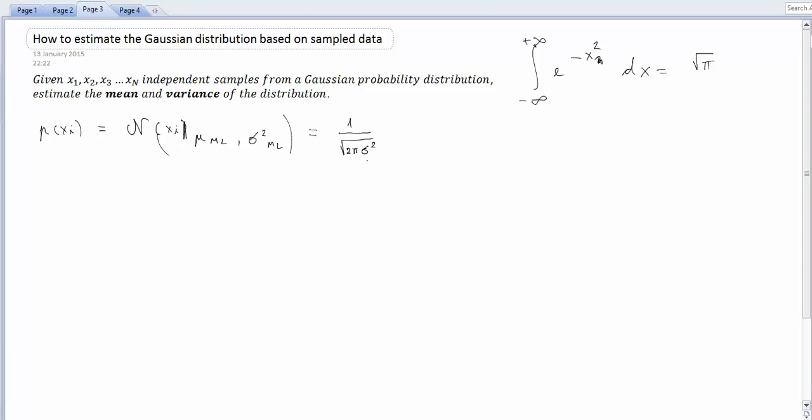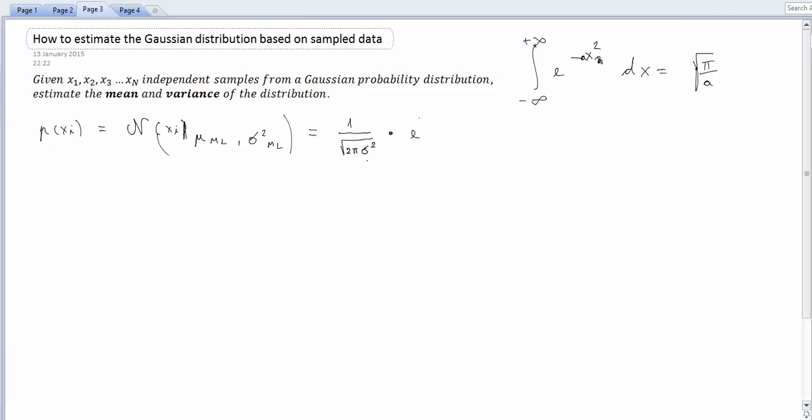If you put an a here, I think it's the square root of pi divided by a. I'm pretty sure that's it. So you have to understand it comes from here, because we have an exponential function next.